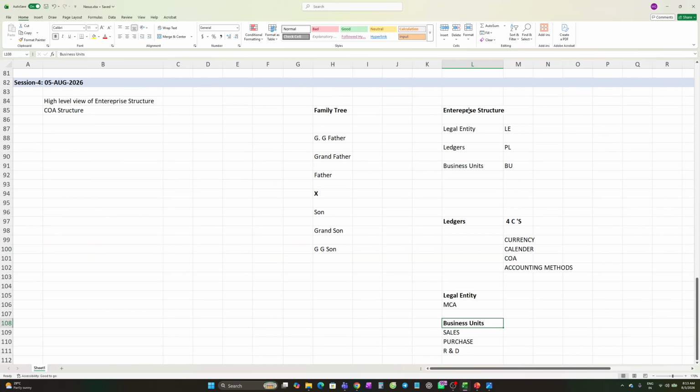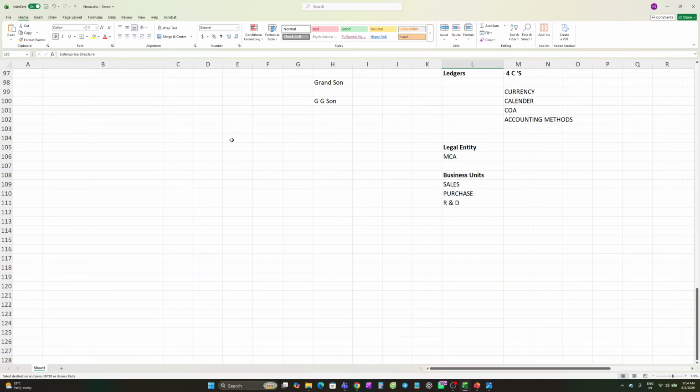Here, this enterprise structure flow I will explain in notes. Here I want to explain what is enterprise structure.